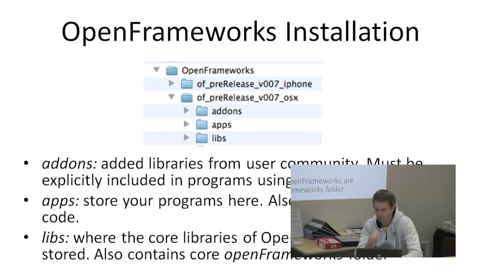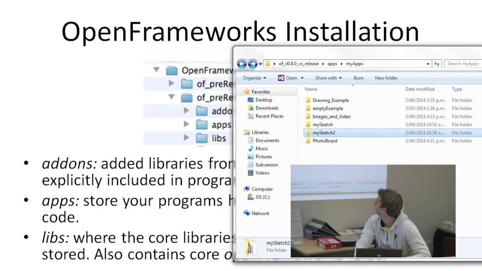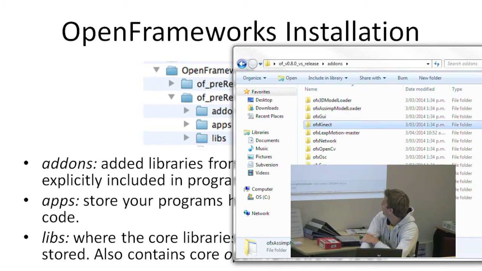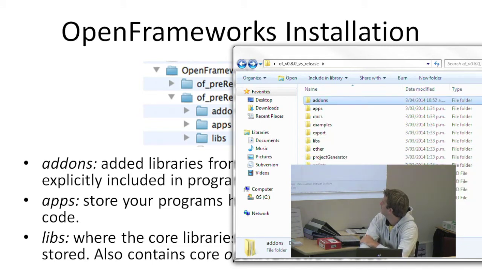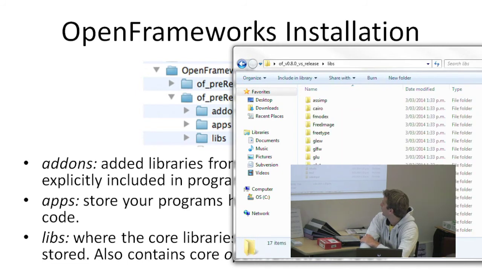Yep, so when we look at our directory, and we already sort of looked at this a little bit, it's not really too important anyway. We have add-ons, which are the add-ons that we get by default, and also some we've added. So I put in the Leap Motion one before in here. We have apps, which is where our apps are stored, and we have libraries, which is where the base libraries are installed, but you won't even need to touch them.